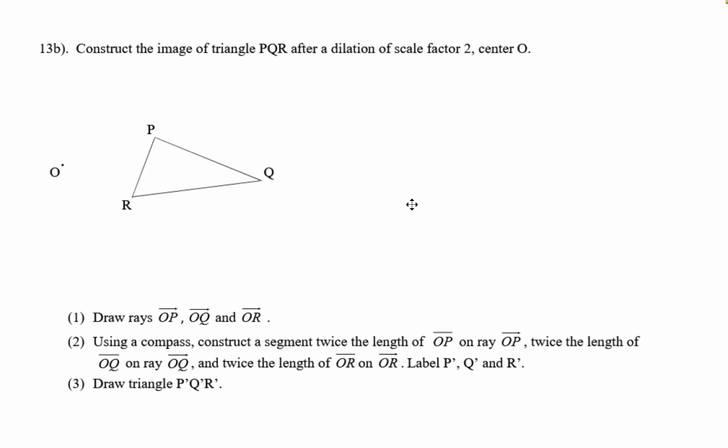Okay, so now we're going to dilate it where the center is not on the triangle, but rather off the triangle. So what we need to do is construct rays from the center of dilation through each of these vertices.